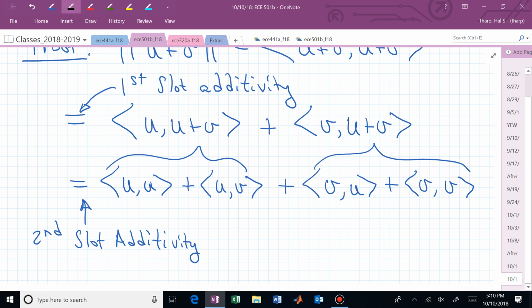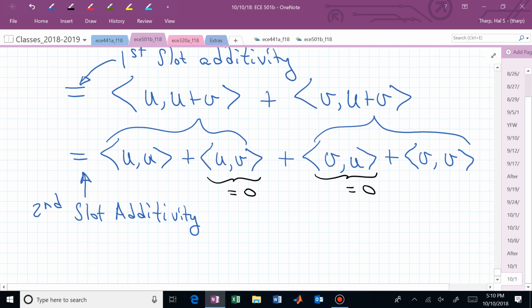What did we assume? We assumed that u and v were orthogonal. And what does that give me? Now I know what those two inner products are. If u and v are orthogonal, those two vanish, or those become 0.